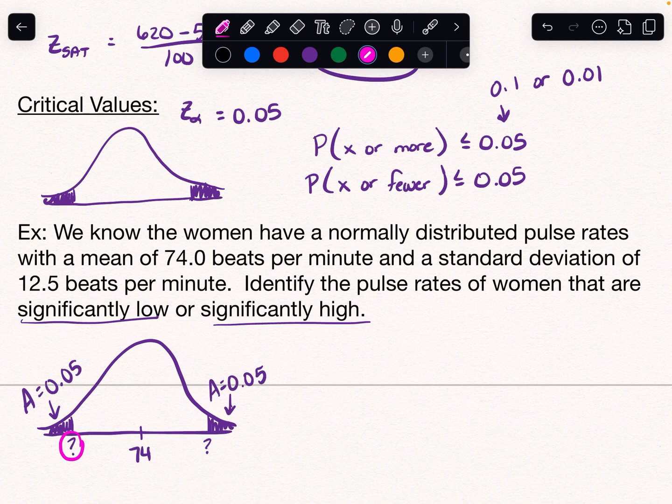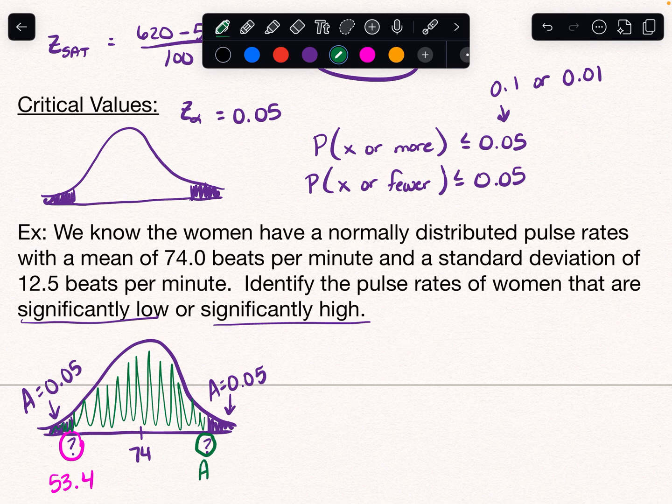So if I type it in my calculator, I have 0.05, my mean is 74, standard deviation 12.5. I got this pulse rate to be 53.4, we'll say. Okay, but then this next one, this data value, I want the area to the left of this. So I want this whole area combined with the significance value.